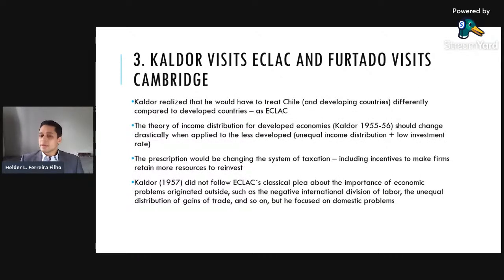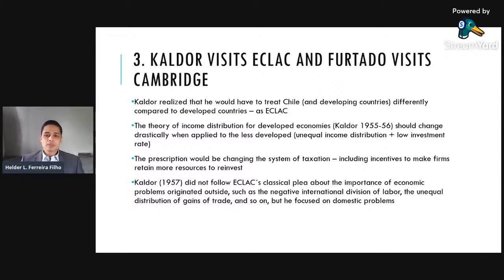Calder realized that he would have to treat Chile, and also other underdeveloped countries, of course, differently compared to developed countries. A typical ECLAC idea. The theory of income distribution that Calder had for developed economies should change dramatically when applied to the less developed ones.